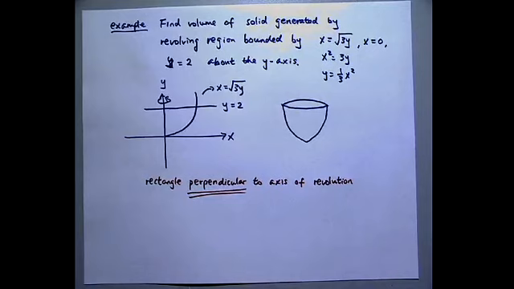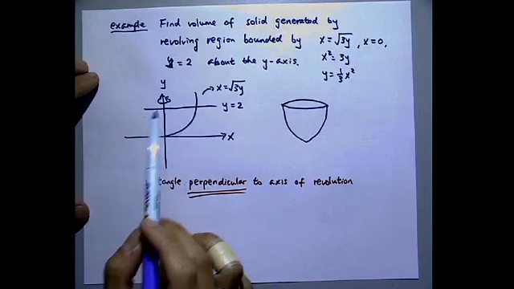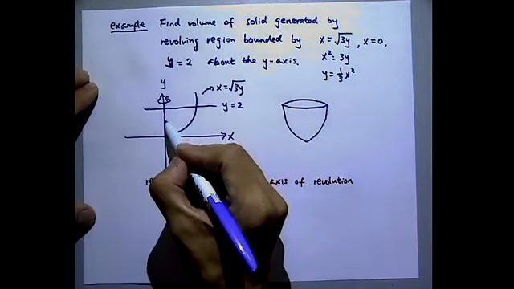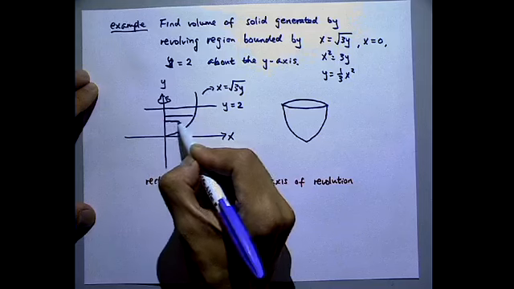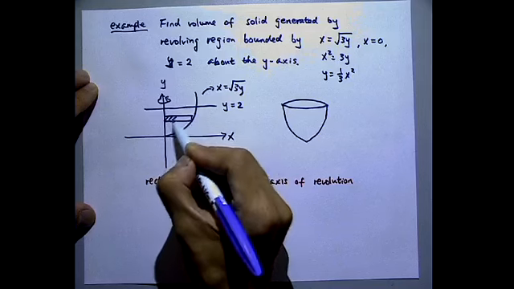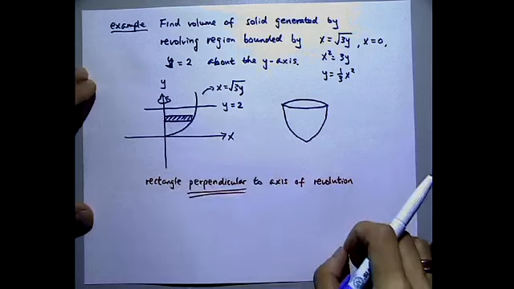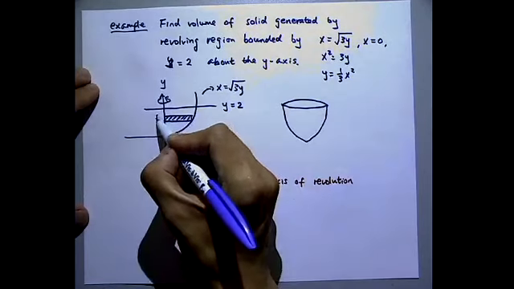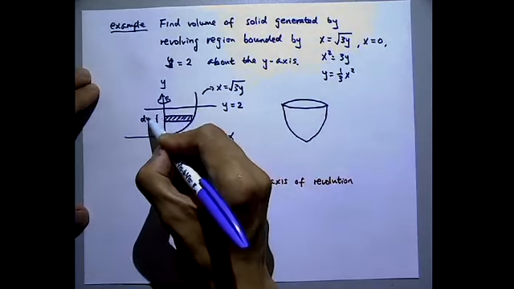One slice of this shape here. So since I'm going around the y-axis, I want my rectangle to be perpendicular to that axis. So I set up the rectangle horizontally like this. See that? It would have a thickness of dy.